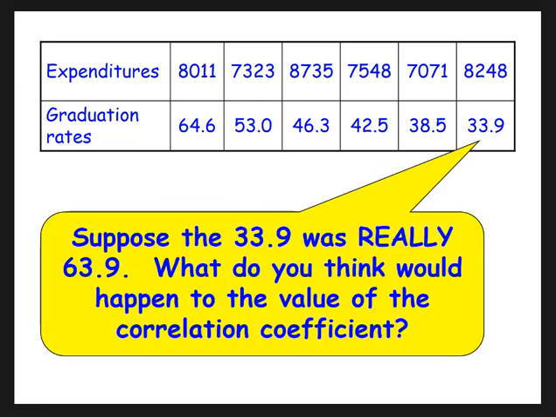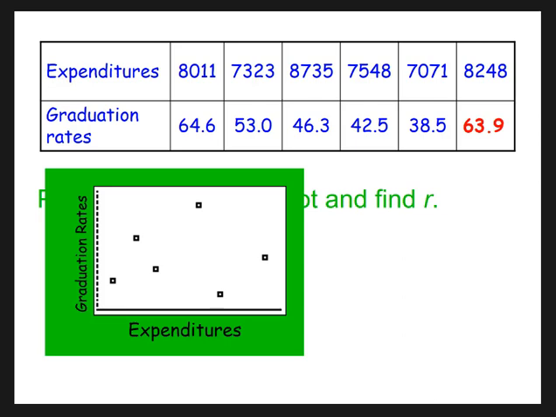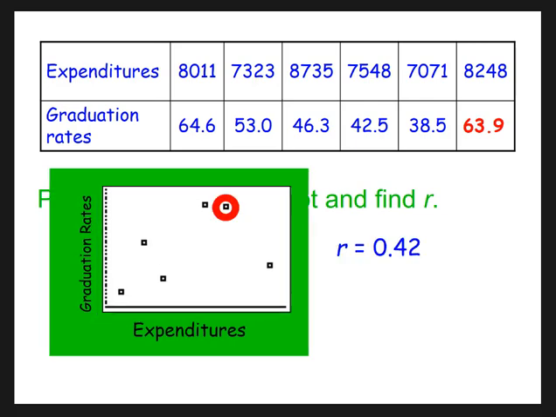So now suppose the 33.9 was really 63.9. So we're just going to change that one value. What does that do to the correlation coefficient? Well, this will significantly change it. We revise our plot here. That 33.9 has gone up to 63.9. Now you might be able to argue that there's a positive relationship.